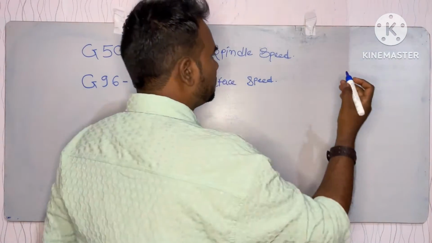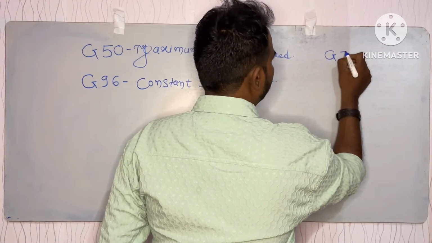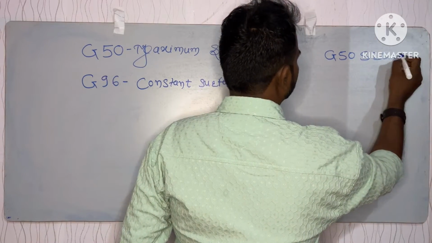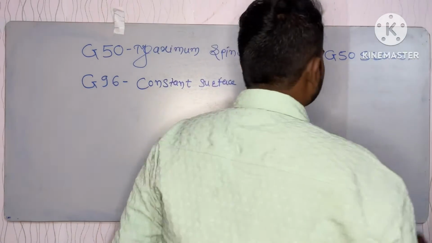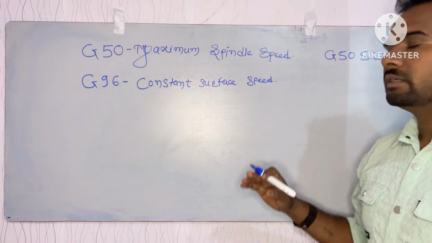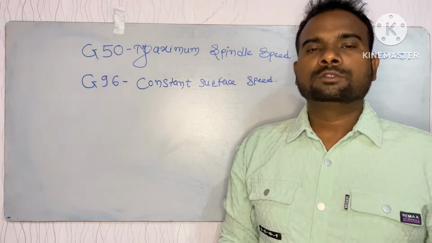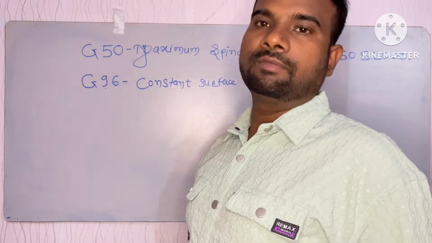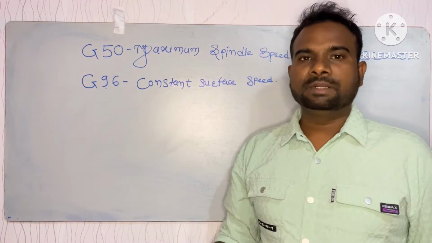Suppose we insert G50 S2000, then the machine will never exceed this RPM in operation. So whenever we use G96, we have to use G50 to lock the spindle speed.